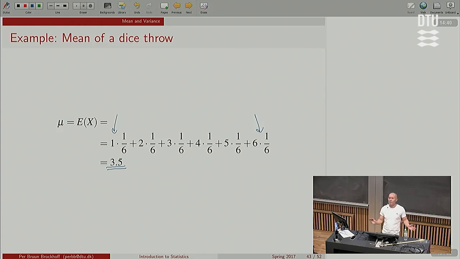But the 3.5 is what I think you all have a good feeling of, is the average we would see if we threw the dice 1,000,000 times. On average, if we collect the numbers and average all those 1,000,000 numbers, the average would be 3.5, right? This theoretical concept is telling us what the outcome of such a huge experiment would be. And that's also the understanding of this.